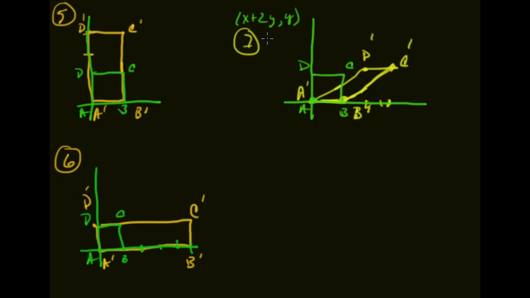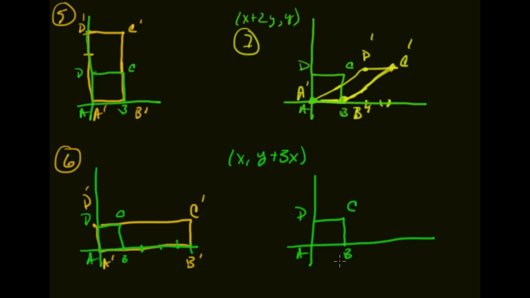Let's look at number 8. Okay, problem 8 is, instead of a horizontal shear, we're going to get a vertical shear here. Right, so again, my little square here is at A, B, C, and D. This time the shear is described by x, y plus 3x, right?